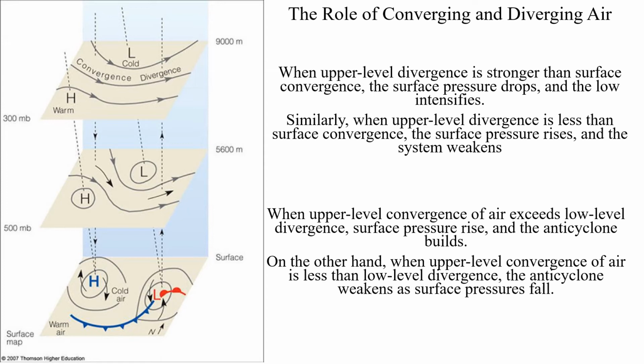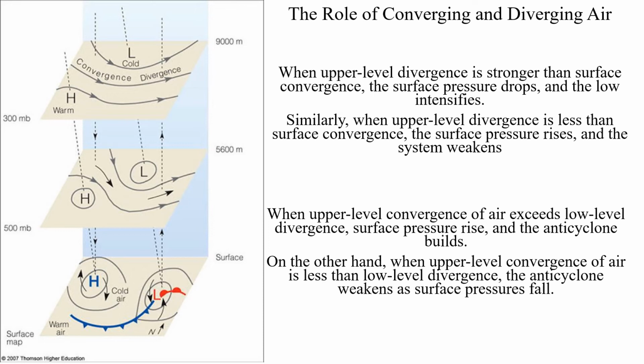Warm air lies to the southwest of the surface high. We know that warm air aloft causes the isobaric surfaces to spread further apart, which results in warm air aloft being associated with higher pressure.